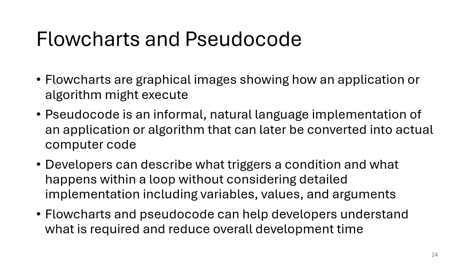The actual final code might be very complicated to understand, but a flowchart and/or pseudocode could certainly help you understand what that application code is doing. So a great interim step between the software design specification or the functional design specification and what the actual code does. A great way of splitting it down and making it simpler.